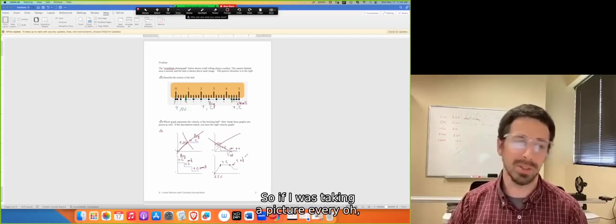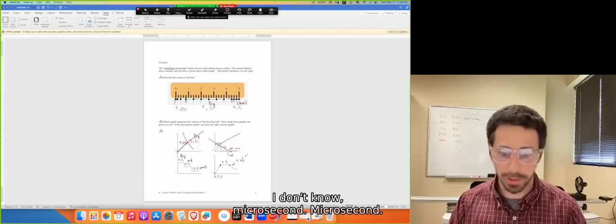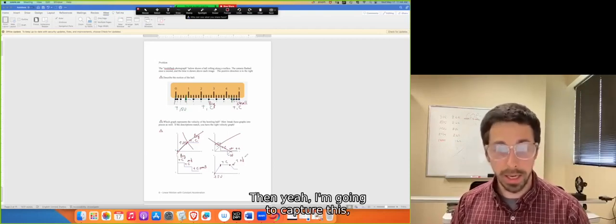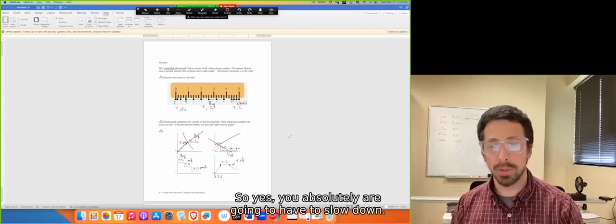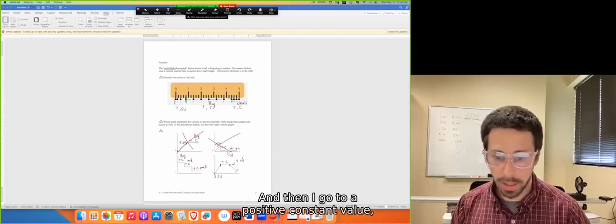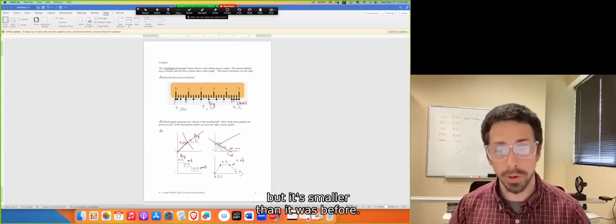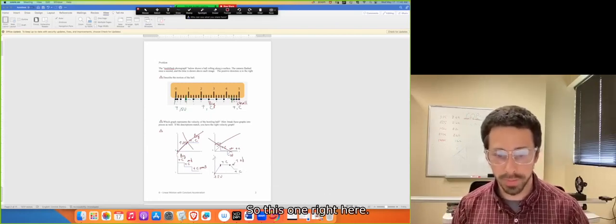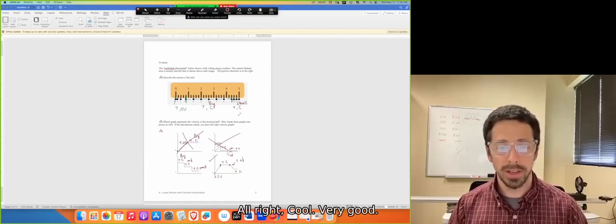If I was taking a picture every microsecond, then yeah, I'd capture this, but the pictures up above don't. So yes, you absolutely are going to have to slow down. And then I go to a positive constant value, but it's smaller than it was before. So this one right here, that's the winner. Winner, winner right there. All right, cool.